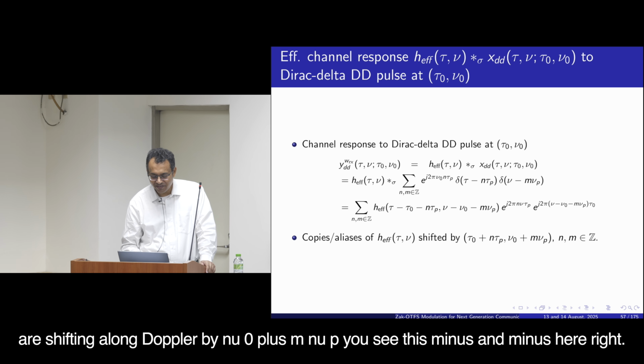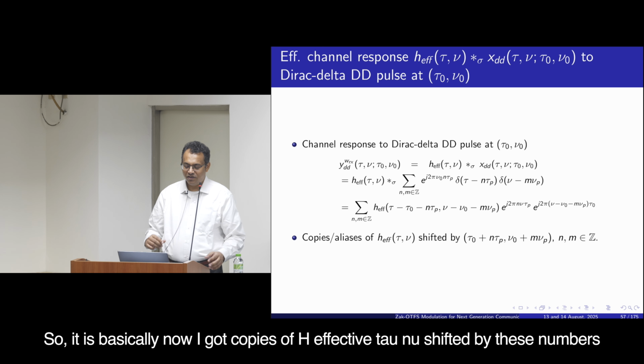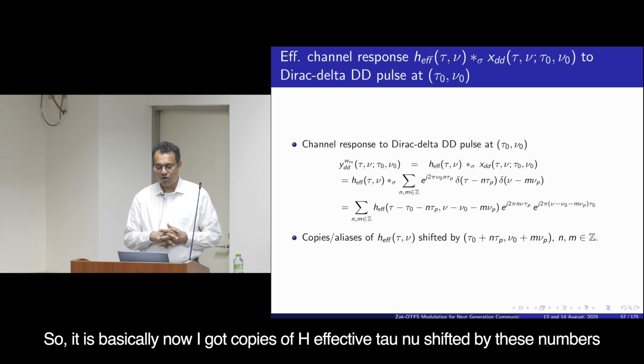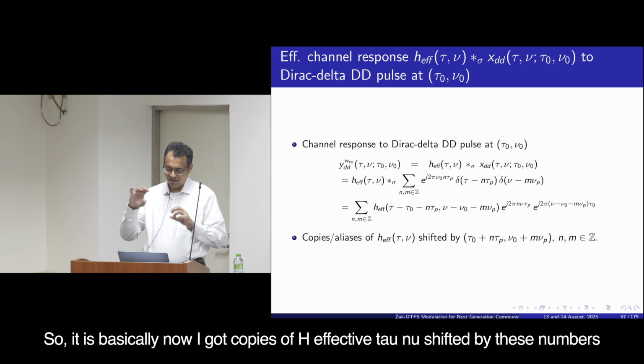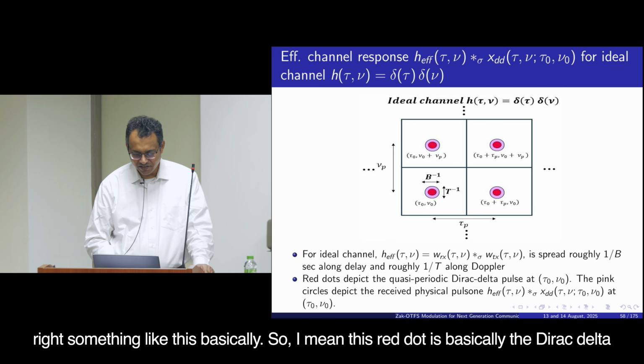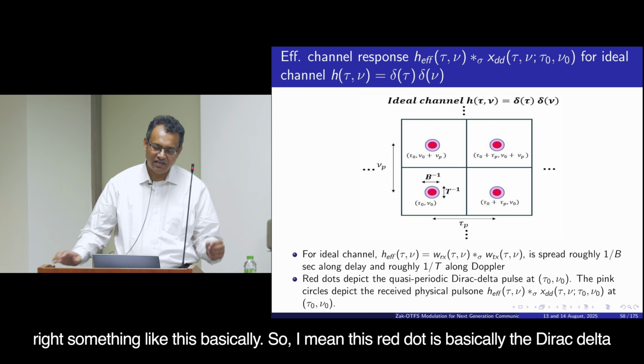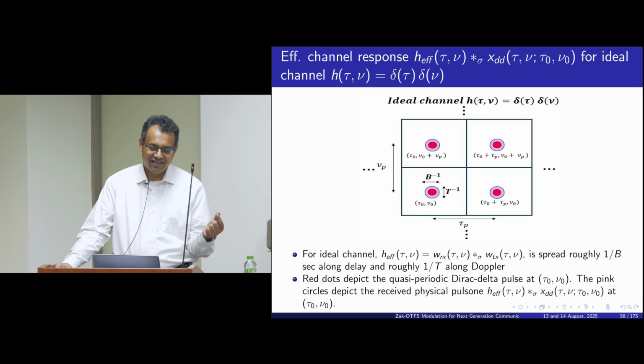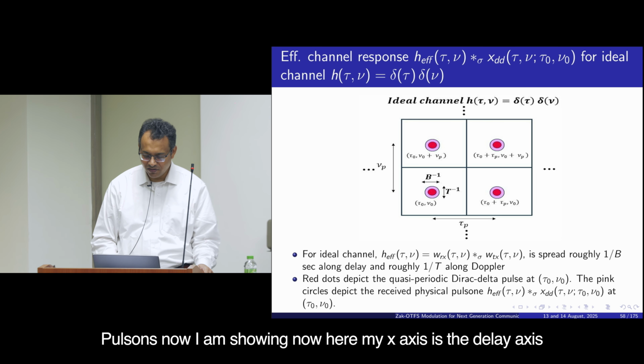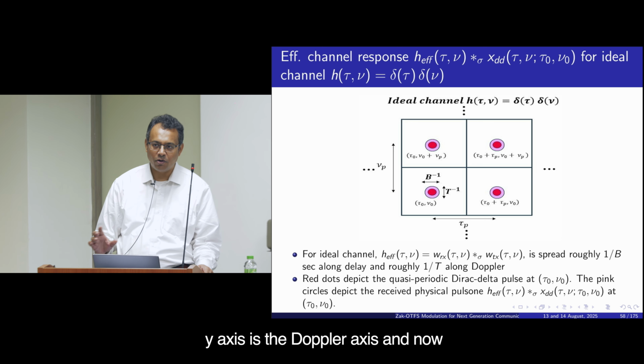You see this minus and minus here, right. So it's basically now I got copies of H effective tau nu shifted by these numbers, right, something like this basically. So I mean, this red dot is basically the Dirac delta pulson. Now I am showing, now here my x axis is the delay axis, y axis is the Doppler axis.